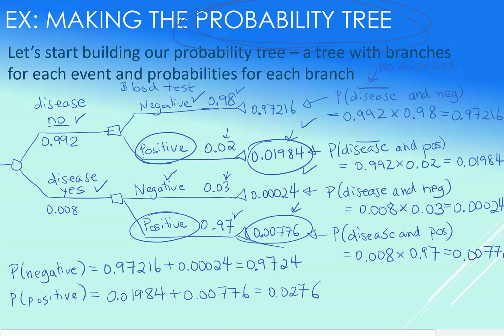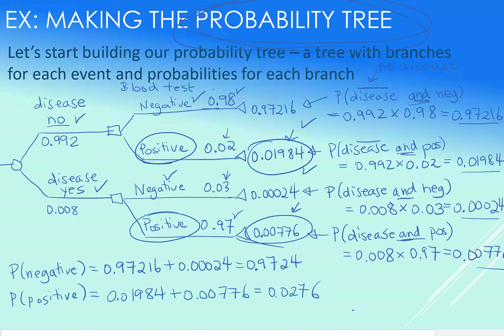So we now have the probability of somebody testing negative and the probability of somebody testing positive. Note, one little note here, these ands that we got, they are out of the whole entire group, so that's why we can use those to figure out our overall probabilities of positive and negative, if that makes any sense.